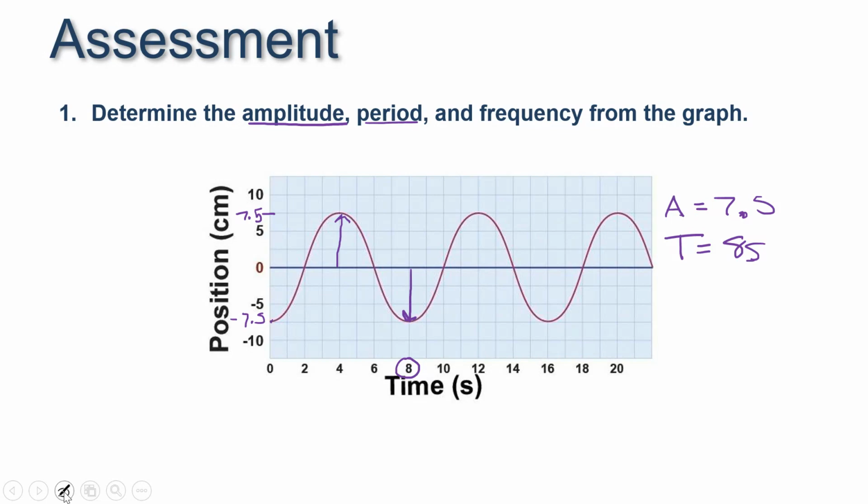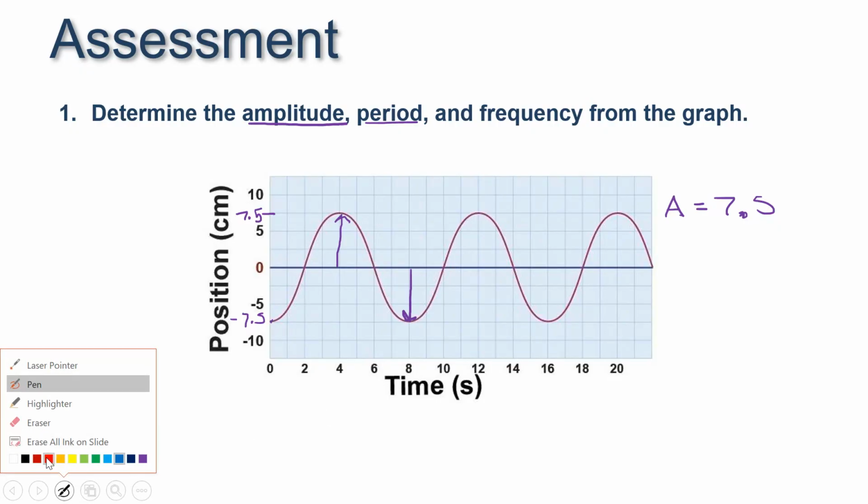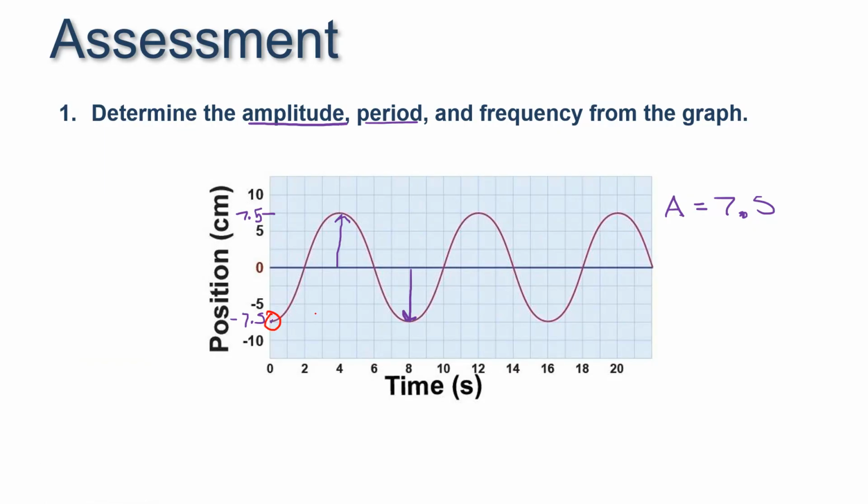Oh, wait, I said I was going to do different colors, didn't I? Now let me use red. So we start here at the bottom. Here at the bottom, it's 8 seconds. So the period, or time it takes to complete one full cycle, is 8 seconds.